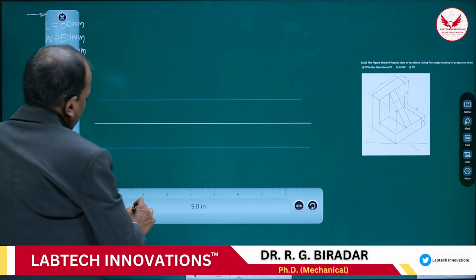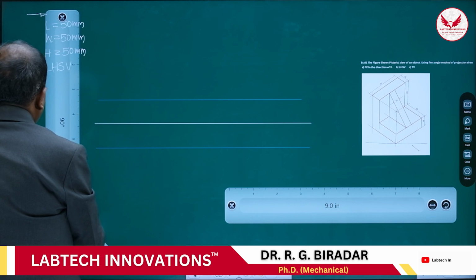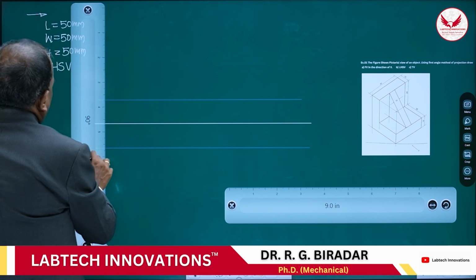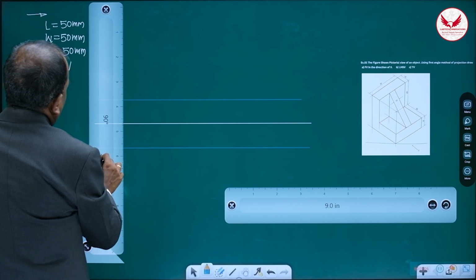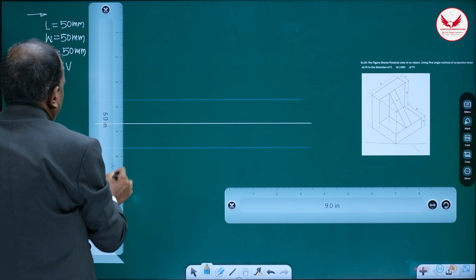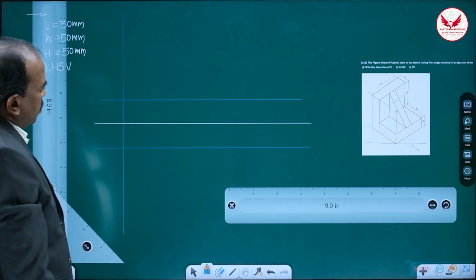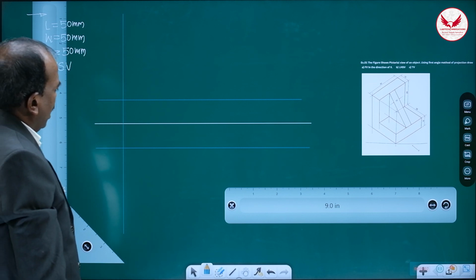And after that, by leaving some 10 to 15 mm distance, draw the vertical intersecting light line. So this is the vertical intersecting light line.